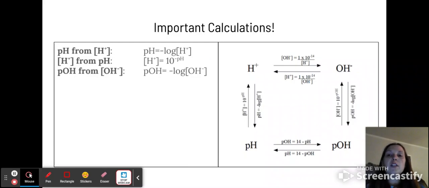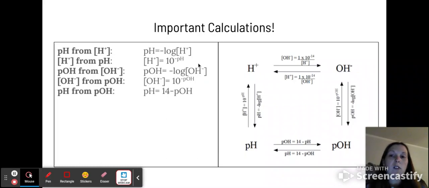For pOH and OH-, it's very similar, except instead you're plugging in the concentration of OH-, or you're putting it 10 to the negative pOH. If you want to solve for pH from pOH or the opposite, since our pH scale is 0 to 14, all you do is 14 minus the value that you've been given.